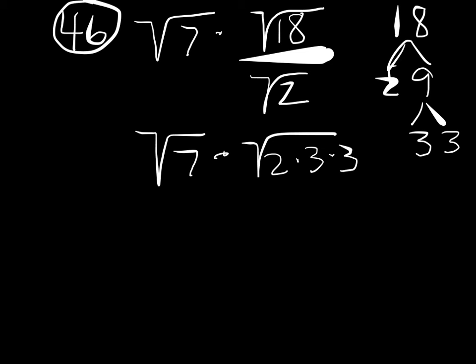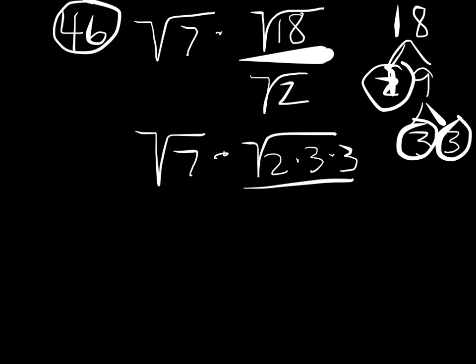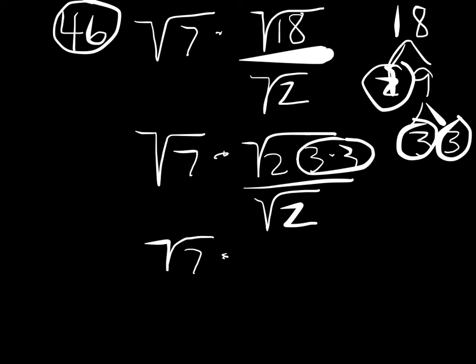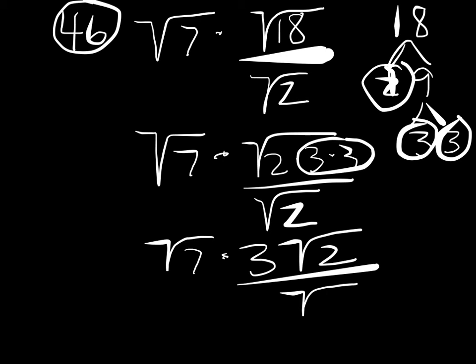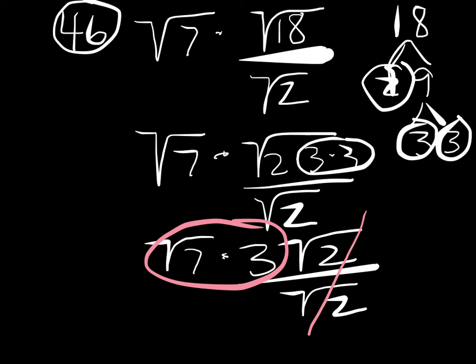Remember, I'm just using my prime factors of 18 over the square root of 2. So I've got the square root of 7 times, and one of these 3's can come out, so 3 times the square root of 2 over the square root of 2. Well, the square root of 2 over the square root of 2 is just going to be 1, so I can cancel that. So what's left is this part right here, so the answer is 3 times the square root of 7.